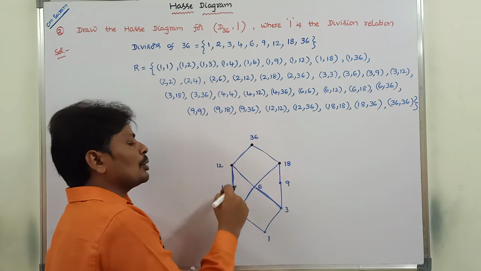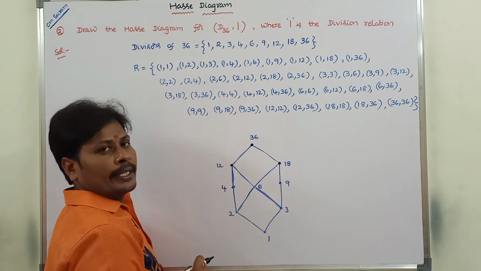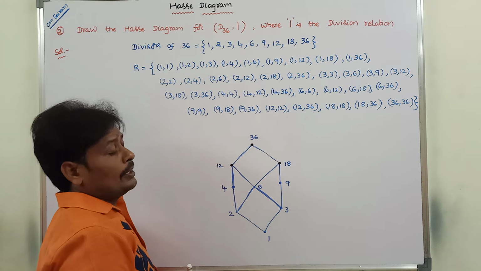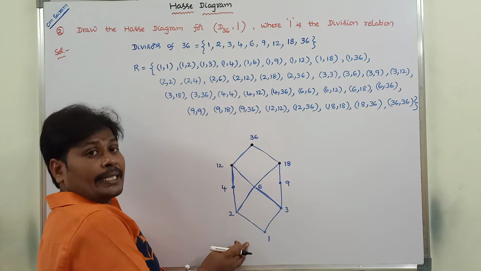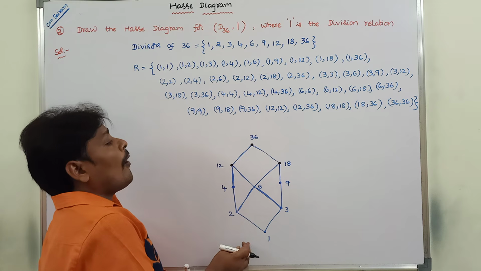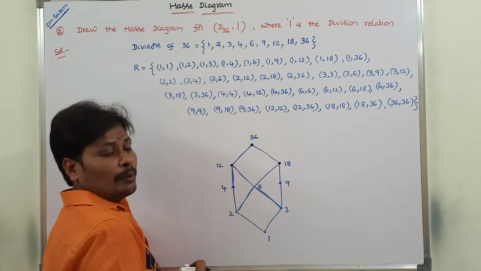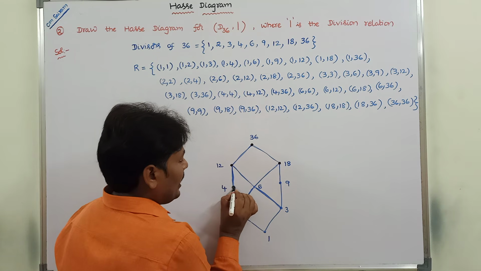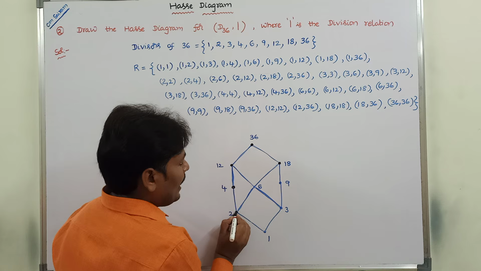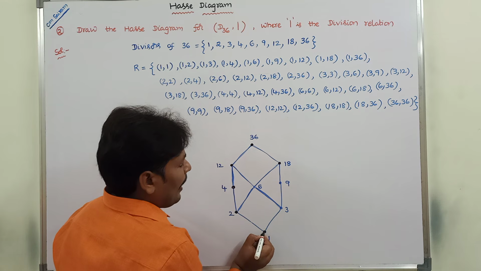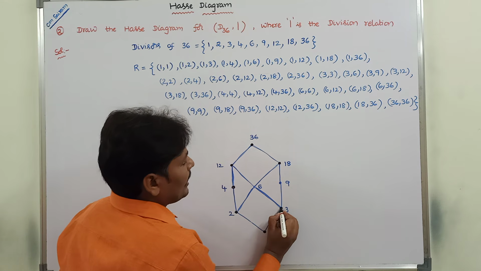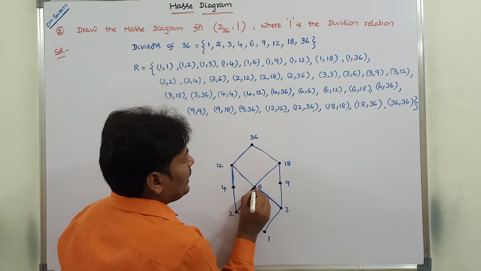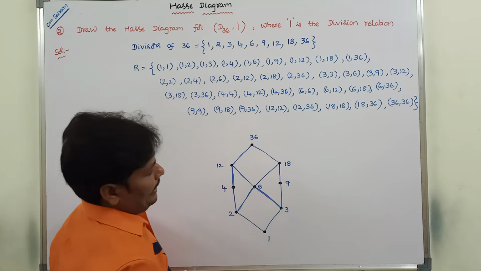Whatever element is lesser than all the elements of the Hasse diagram is called the minimum element. So here the minimum element is 1 and the maximum element is 36. This is the Hasse diagram for divisors of 36.